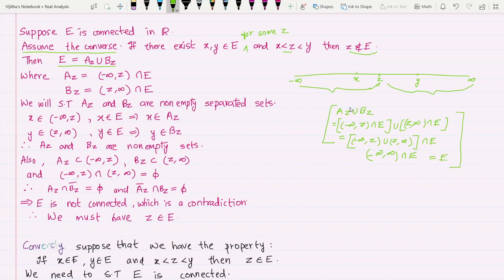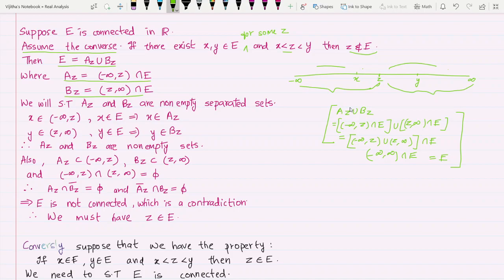So in the assumption we have assumed that this property does not hold, so z is not an element of E. We have split it into two sets, one from minus infinity to z and another from z to infinity. We define A_z to be (minus infinity, z) intersection E, and B_z to be (z, infinity) intersection E. Now it is clear that E is A_z union B_z.